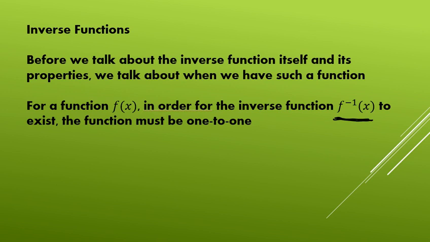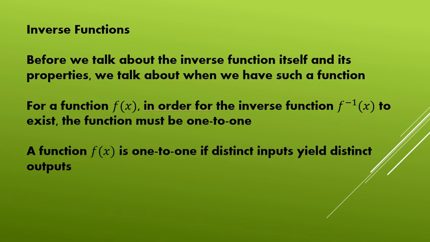Now there's something that people tend to confuse this with. I'm going to get into what that is later on in this video, but again, this thing right here is the inverse of f of x, sometimes read as f inverse. But anyway, the function f has to be 1 to 1 in order to have the inverse function.